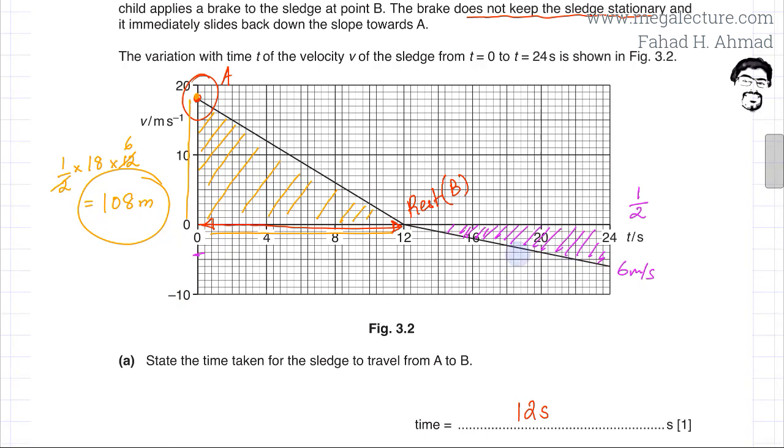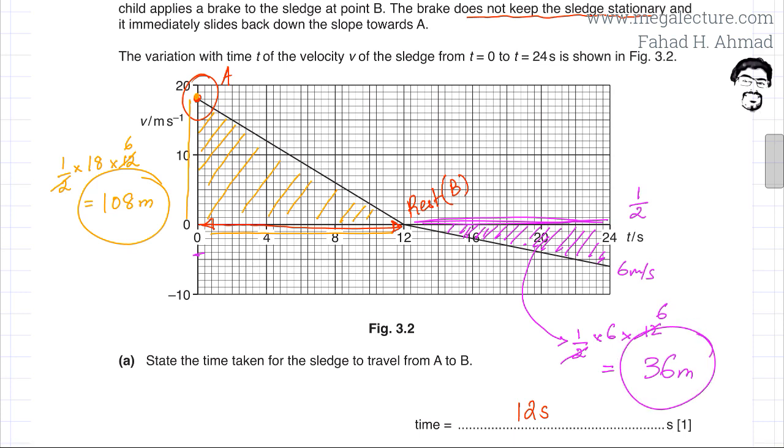So my area over here is going to be half into the height, which is 6 meters per second, into the length, which is time over here. That is 12 seconds. So the 2 and 12 would cancel out to 6, so it's going to be 36 meters.